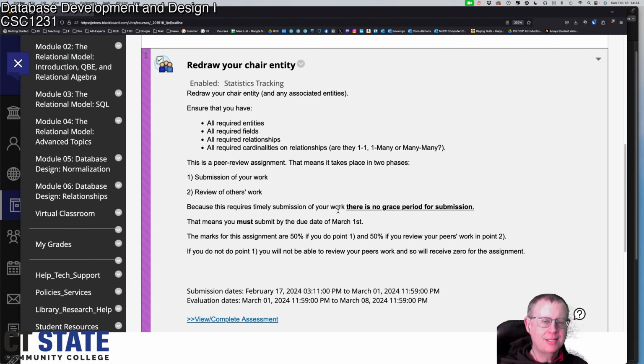Now, you will grade your peers in the second evaluation component. You will grade your peers' submissions. And if you don't give them 100%, give them feedback on why you didn't. Now, the grade you get for this assignment is half of it is if you submit your drawing, you will get half the grade, half the marks.